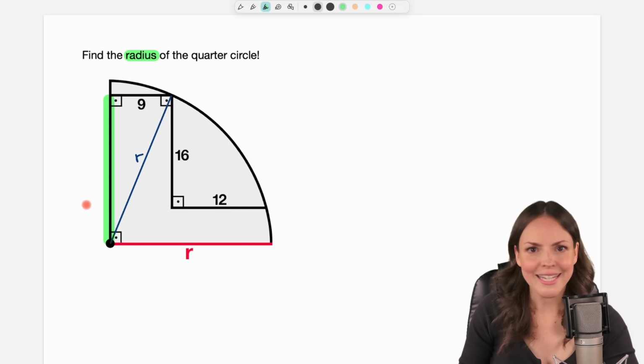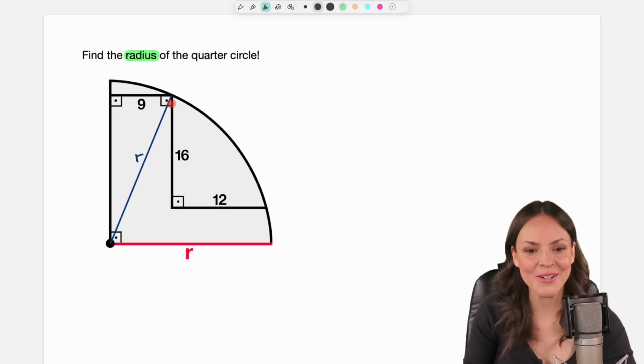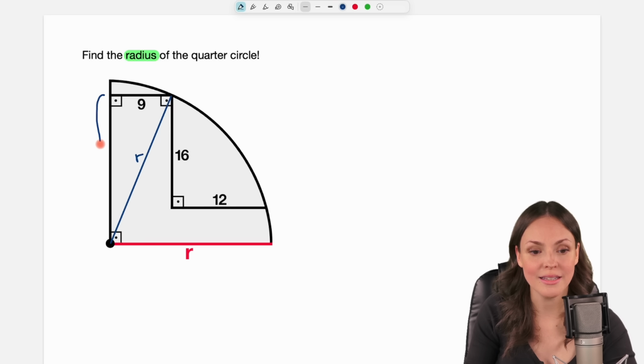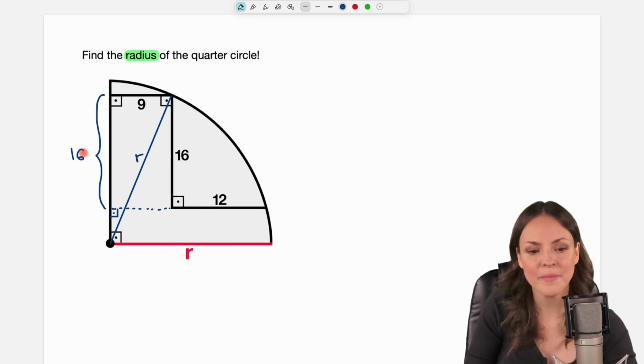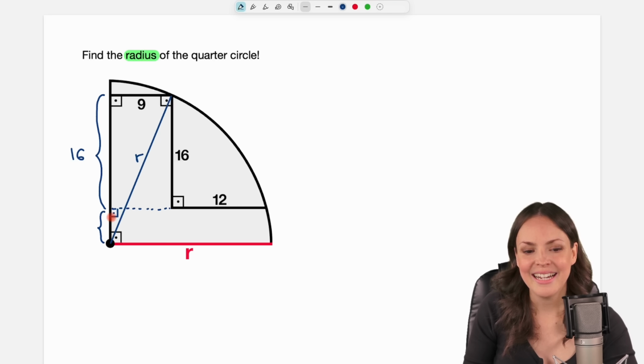Well, I don't know it yet, but I know this part is of length 16, so that would be this part here. If I draw a line here, also perpendicular, then I know that this length here is 16. And what about the rest down here? I don't know the length of this part. I just call it x.